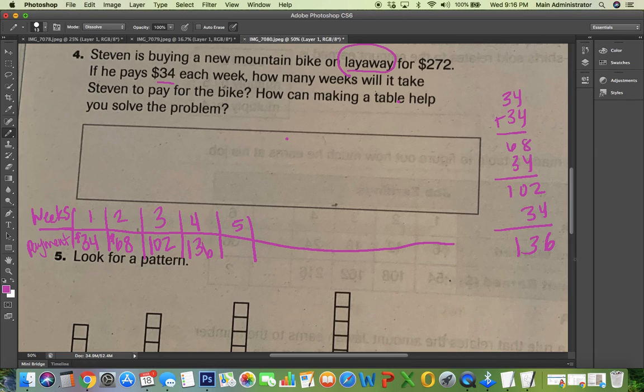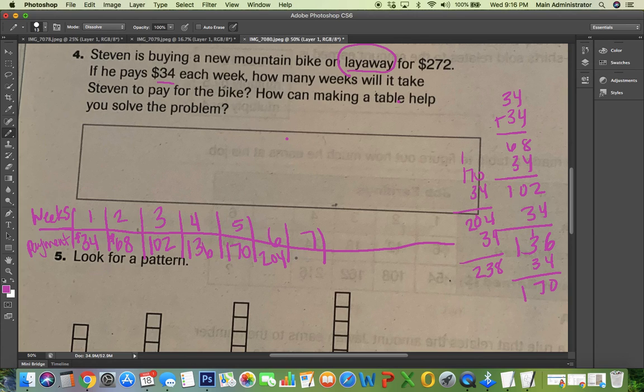In week 5, I'm going to do another $34, which would give me 170. In week 6, I'm going to come up here and write 170 plus 34. And that's 204. In week 7, I'm going to do another $34.